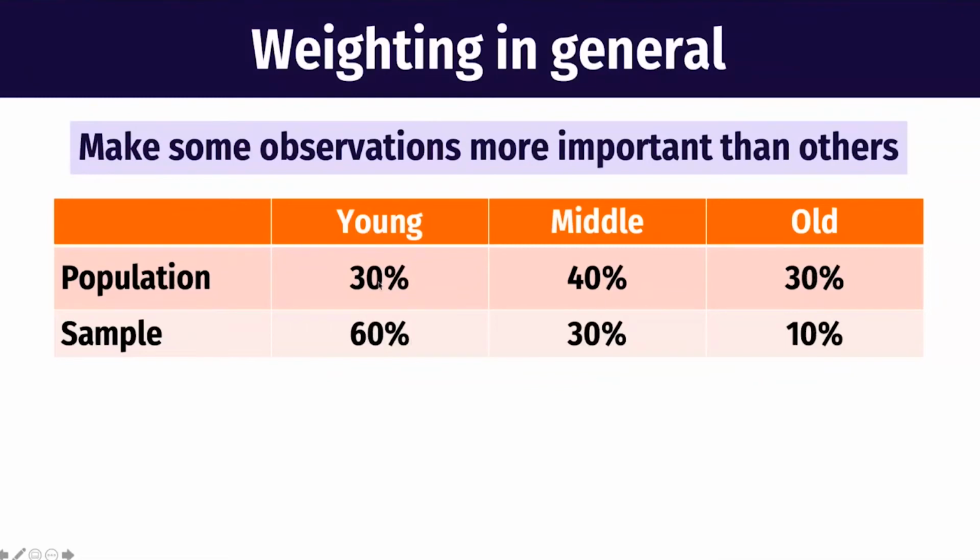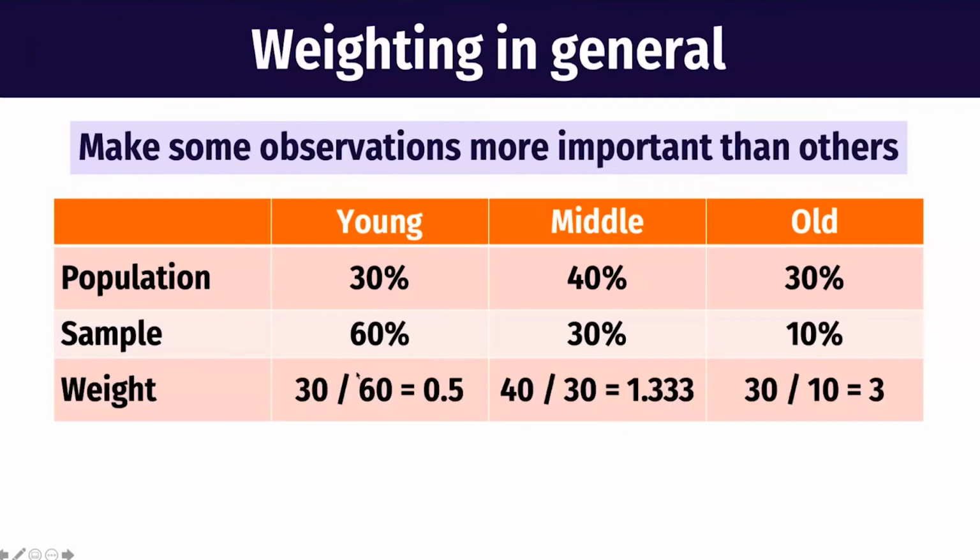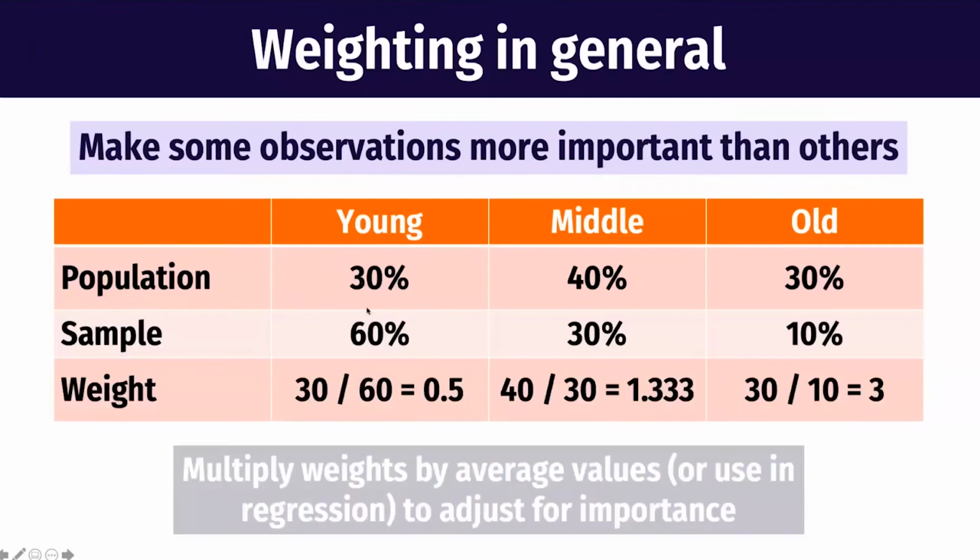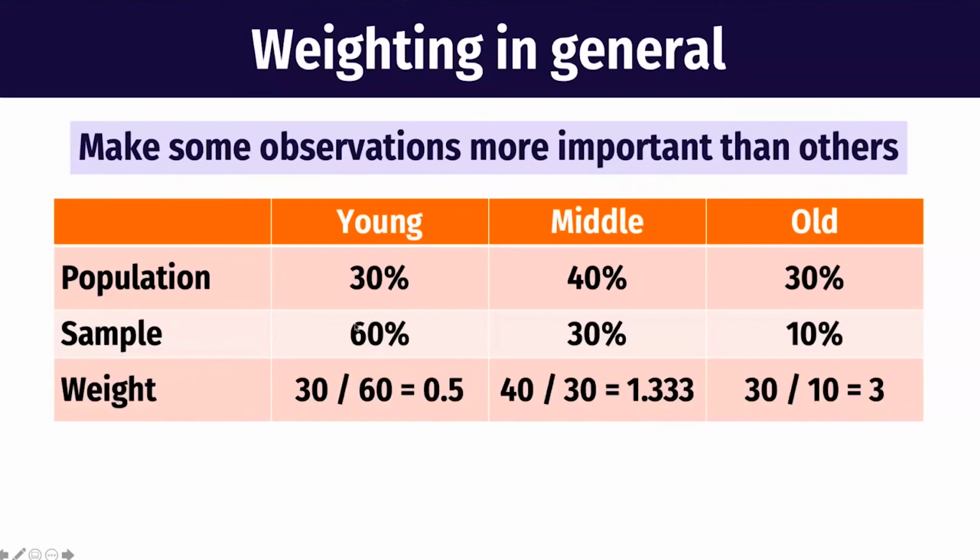So if you divide, you can create this weight here. There's 30% in the population, we picked up 60%, so we're going to count every young person as only half of a response. And we're going to count every old person as 3 responses, just to give them extra weight. So that's this idea of weighting, making some observations more important, some less important.